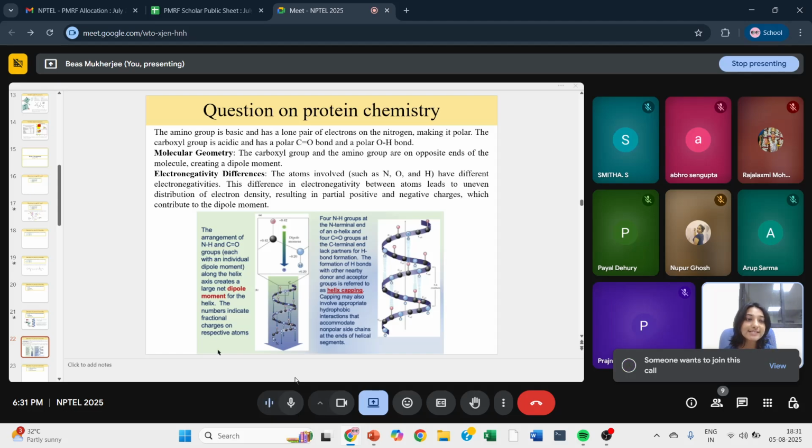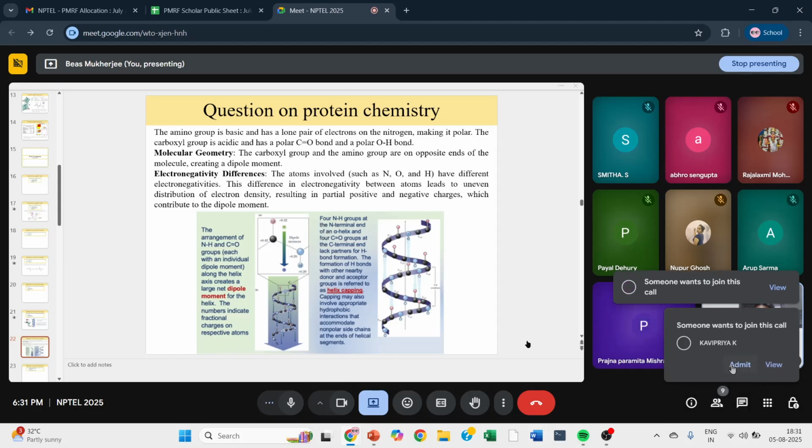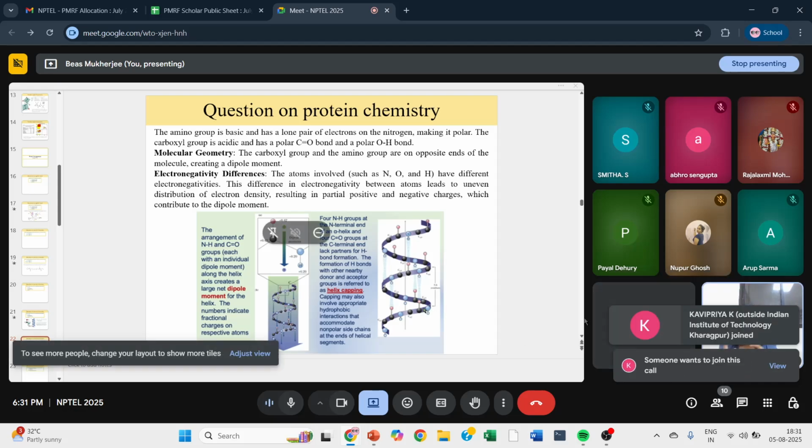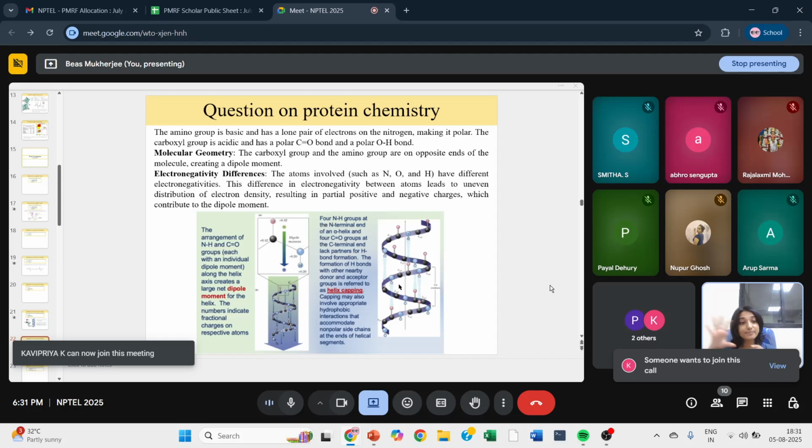So what is a helix cap? Some residues, when they are present in the beginning and end of a helix, form a double reciprocal hydrogen bond.